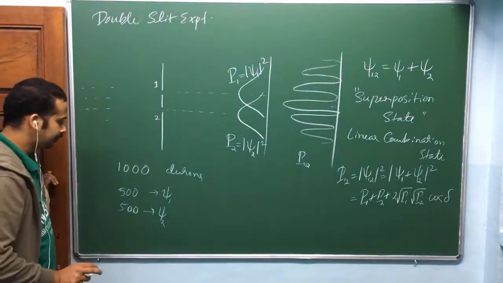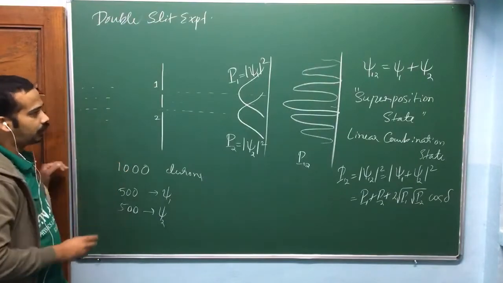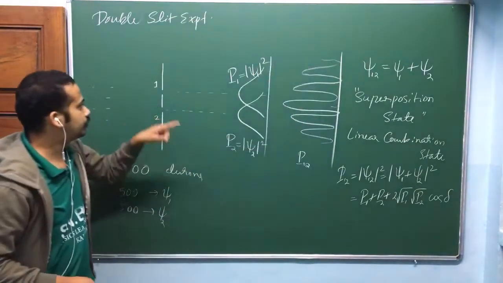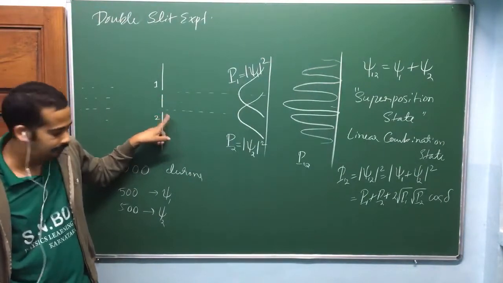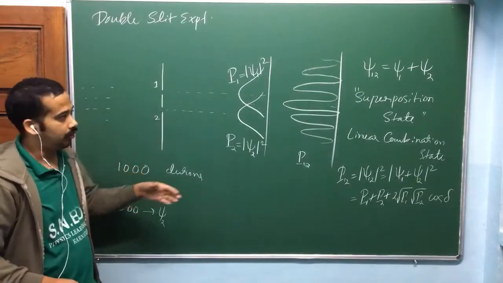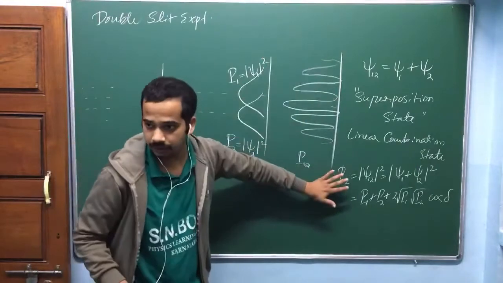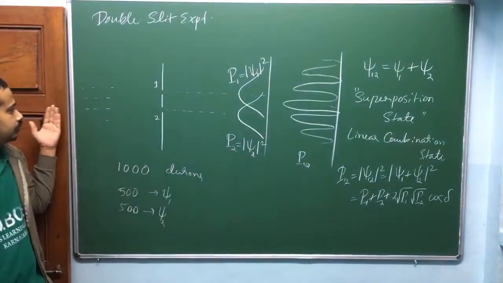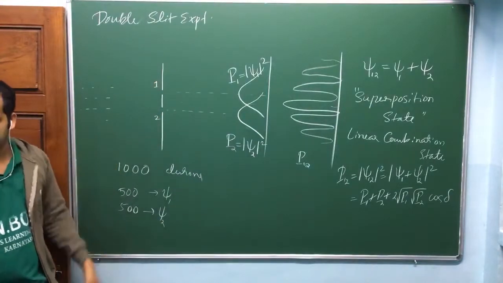Now look at here. If our common sense says that whatever electron is received here should be either from this one or from this one, then if I shoot 1000 electrons, all 1000 may not reach the screen, some may hit this one, practically.